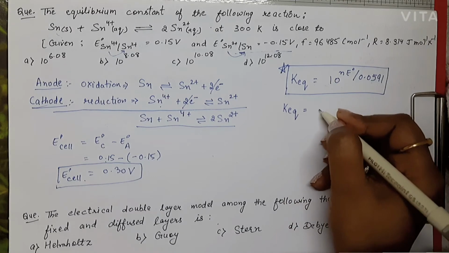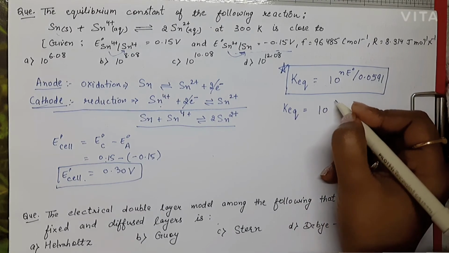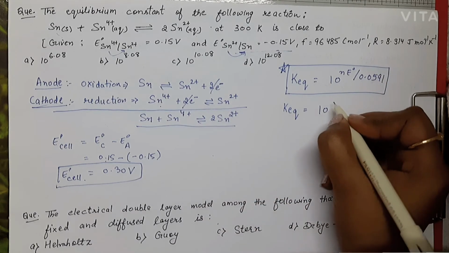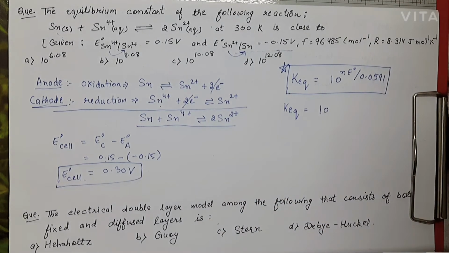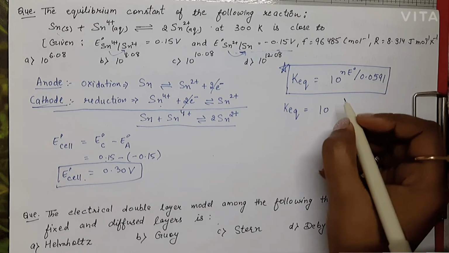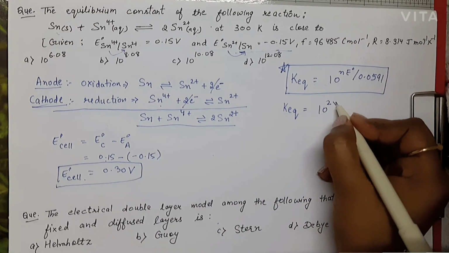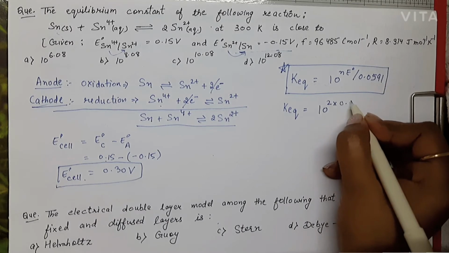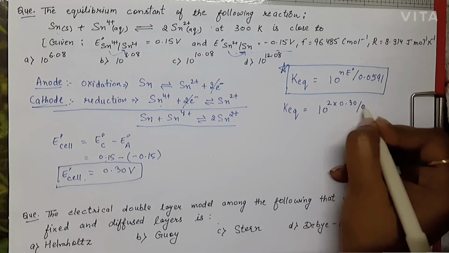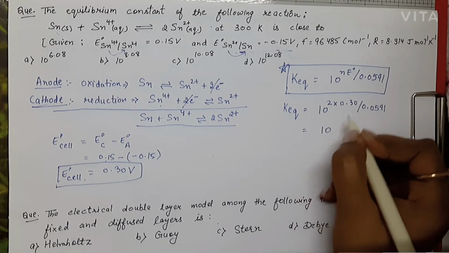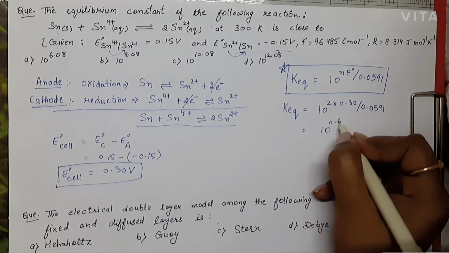K equilibrium will be equal to 10 to the power n is 2. Why? Because 2 electrons are getting exchanged. So n is the number of electrons exchanged and that is equal to 2 multiplied by the E naught value, that is 0.30 divided by 0.0591. So it will be 10 to the power 0.30 into 2, 0.60 divided by 0.0591.